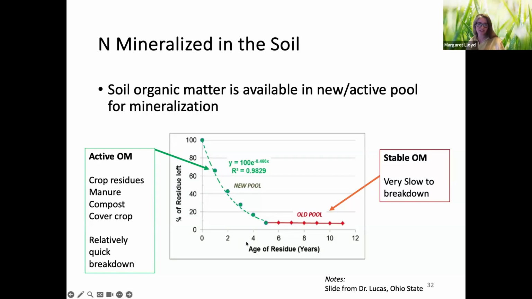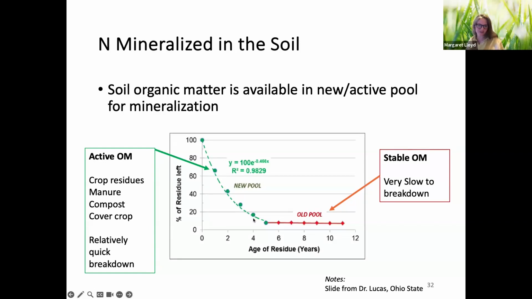Here's another way to look at that. Soil organic matter can be thought of in different pools for mineralization, sort of newer active pools and older pools. The active organic matter pools are things like your cover crop residues, incorporated residues, manure, and compost, and they break down relatively quickly.